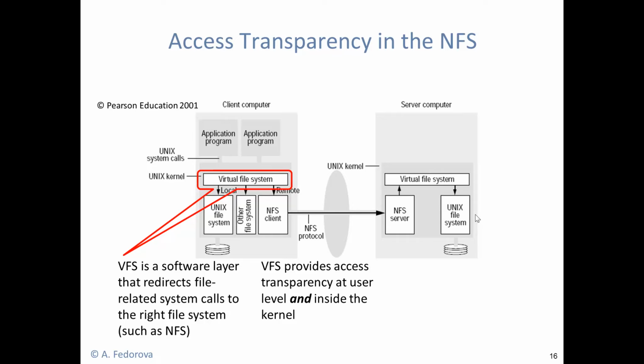So you simply perform the operation against the virtual file system, and then the virtual file system knows how to translate this abstract operation into a specific operation corresponding to a particular file system that is plugged into VFS as a kernel module. So when you want to access an NFS file system, you access it as you would any other local file system, and then VFS redirects the request to the NFS client, and that in turn contacts the NFS server using the remote procedure call protocol.